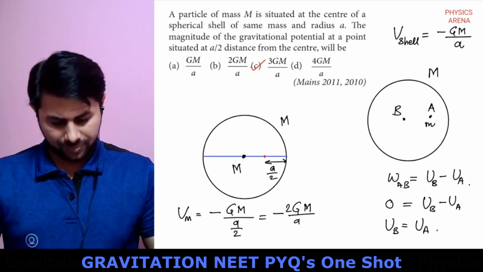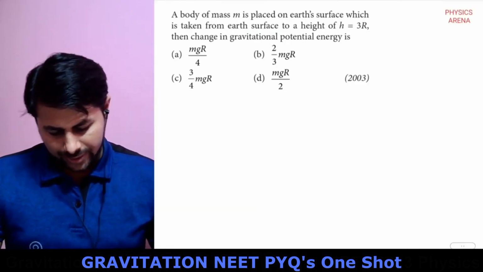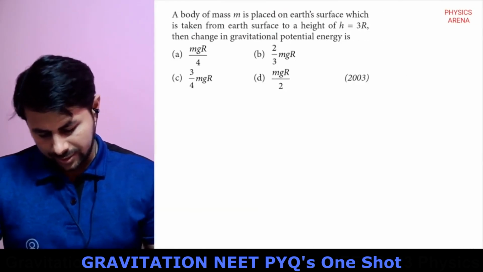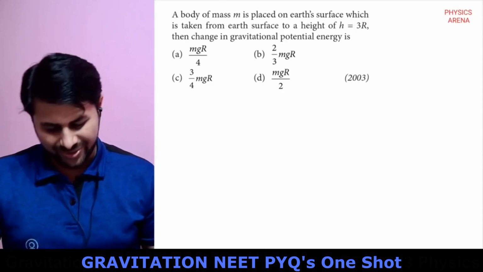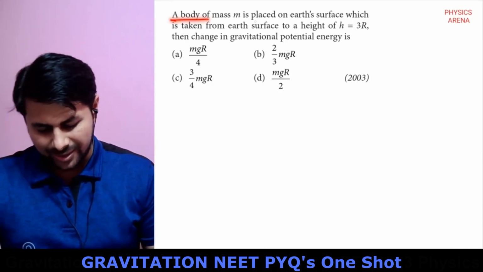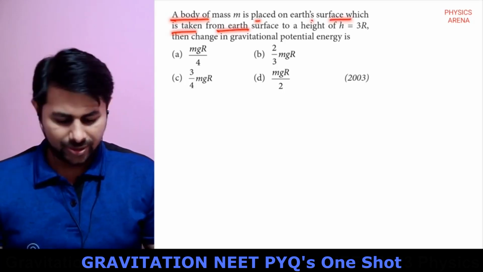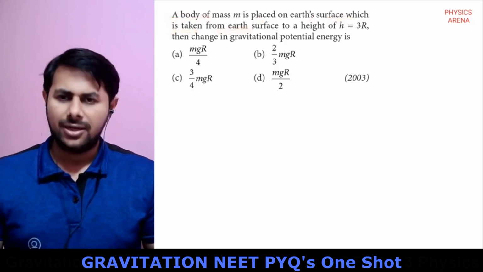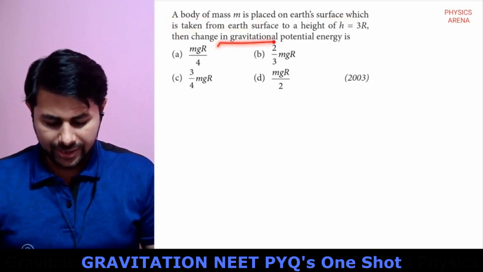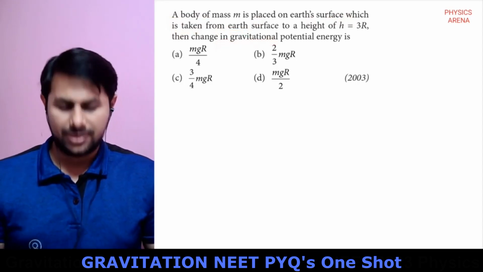Okay, good. Let us see the next question. This is a similar question once again. A body of mass m is placed on Earth's surface and is taken from Earth's surface to a height h equal to 3R. The change in gravitational potential energy is?